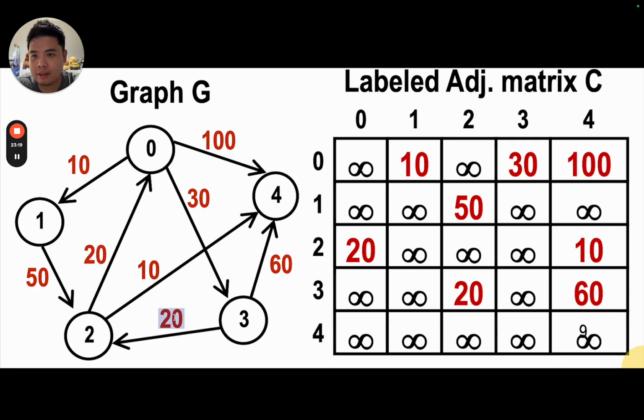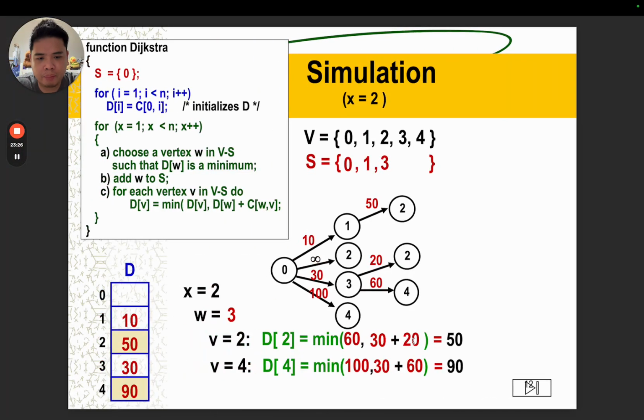And the cost of that specific arc is 20. So we did 30 plus 20. This equates to 50. 50 and 60, we look for the min value. The answer is 50. So we overwrote the previous shortest cost, which was 60, with 50.